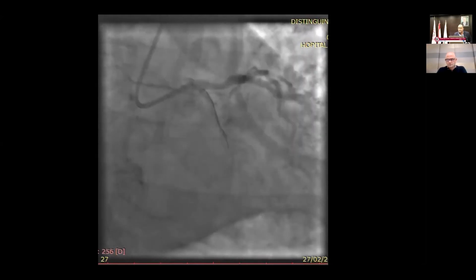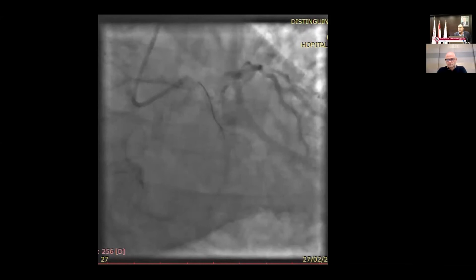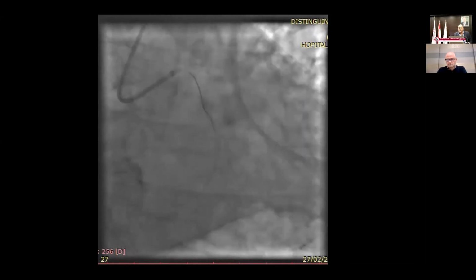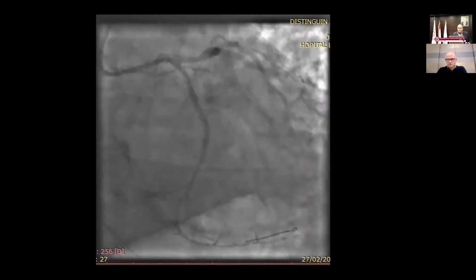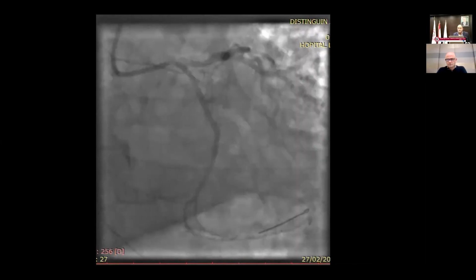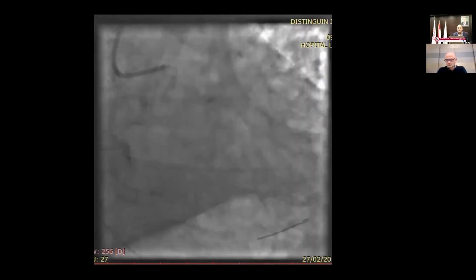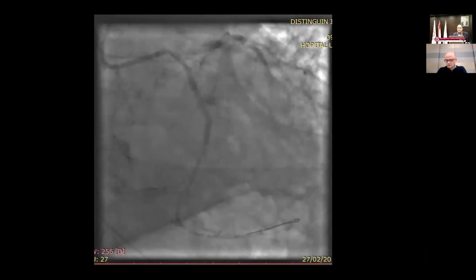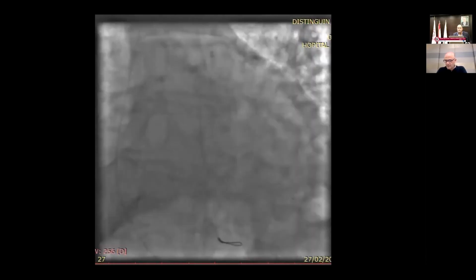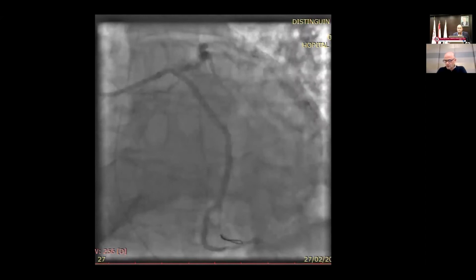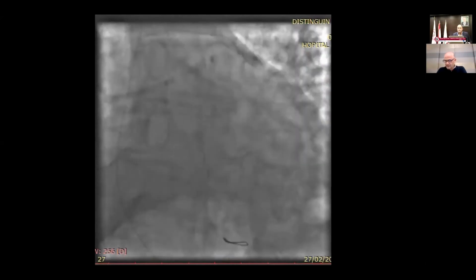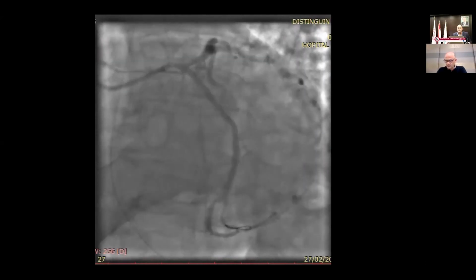We stented the circumflex with 2 stents in the proximal and mid part with TIMI 3 flow. Here another view. This is the result of the angioplasty of the circumflex with a good result.